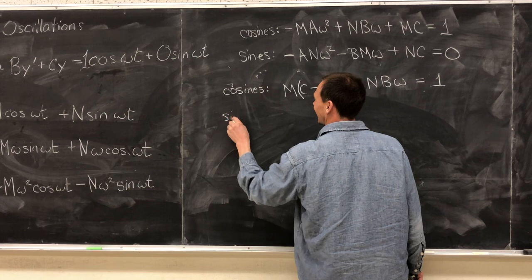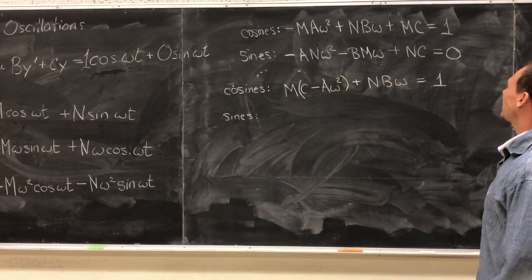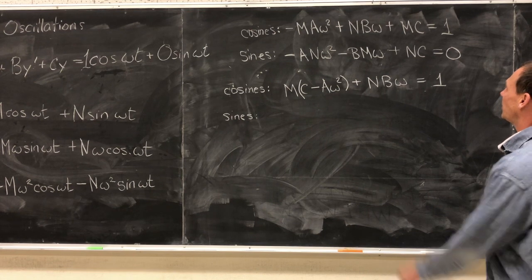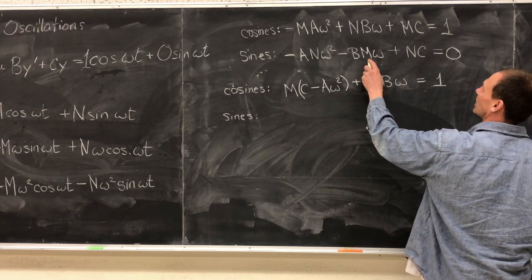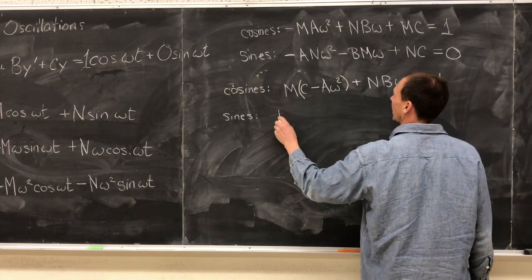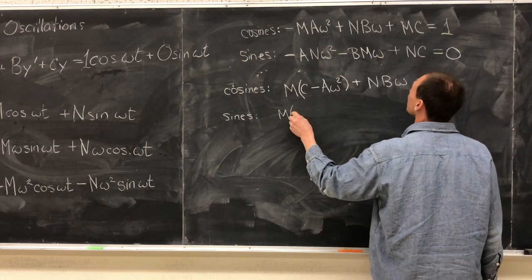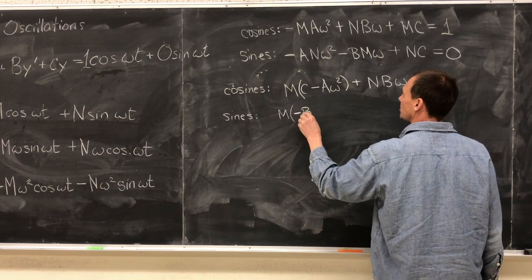Let's do this again. Sines. What do I have here? The m's, I don't have a lot. I have an m here. So let's write that as m times minus b.